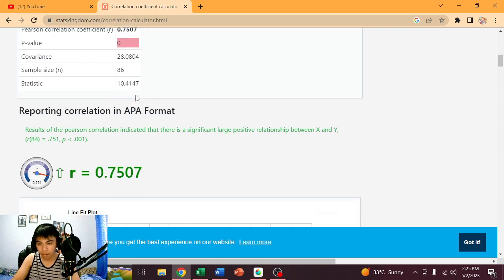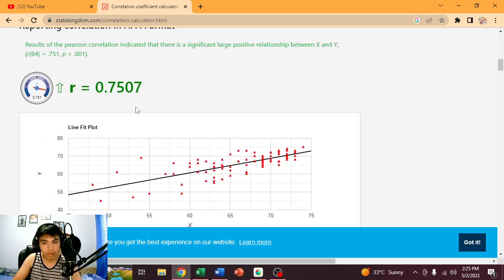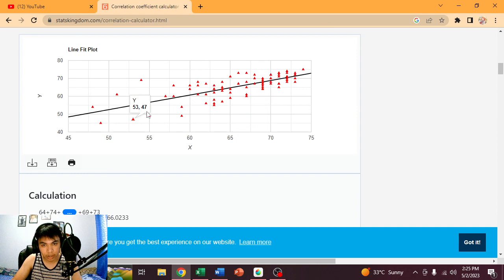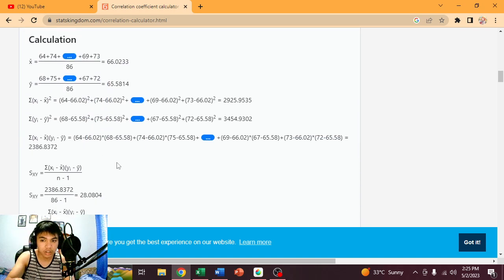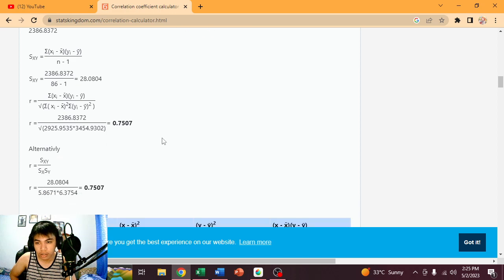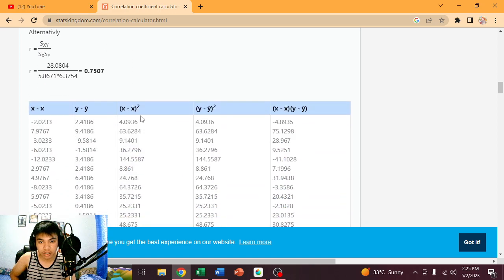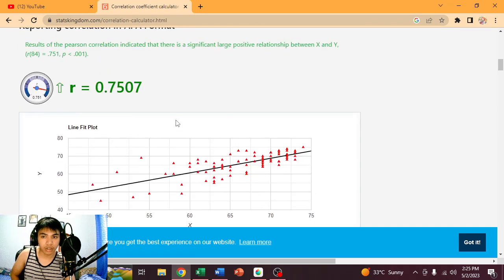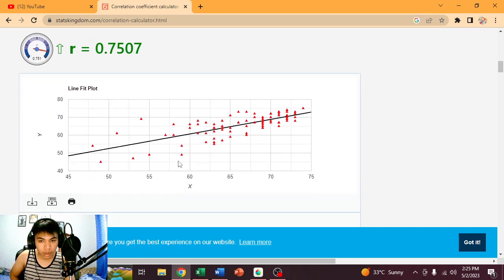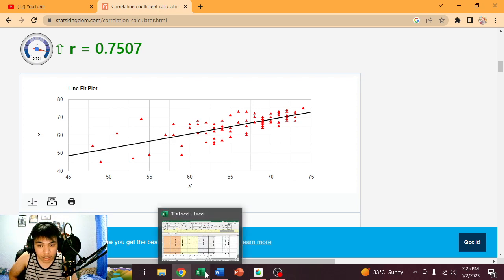Okay, you see, it's still 0.75, and as we can see by the plot here, it is strong. There's a strong positive relationship between all of these variables right here. So as we can see, they used a different kind of formula. I think there's some covariance here and other stuff that is pretty much hassle to think about, but as you can see, there's a strong positive relationship.